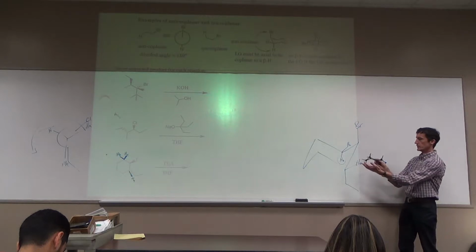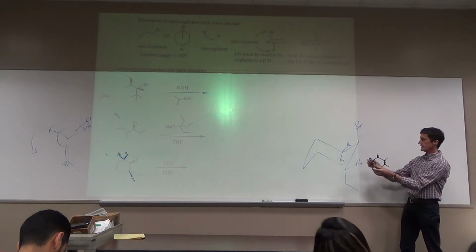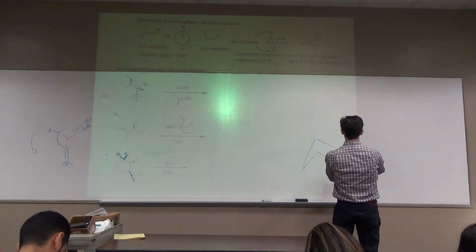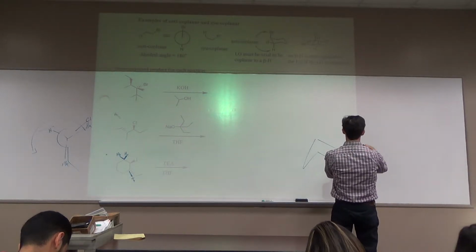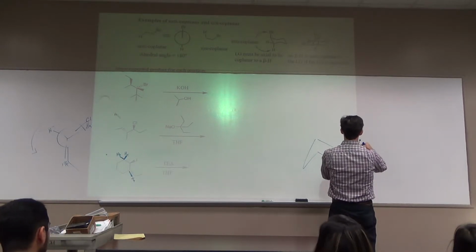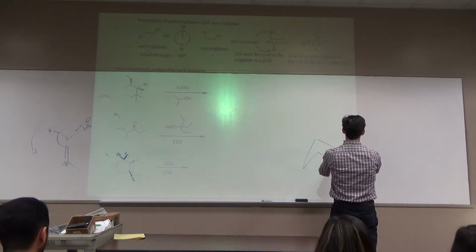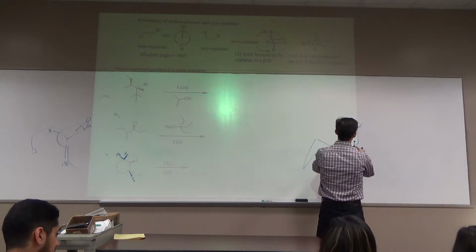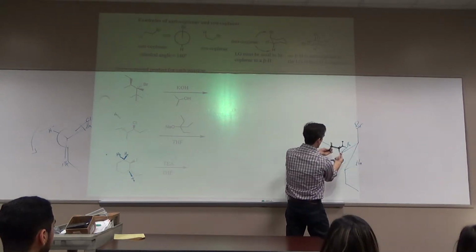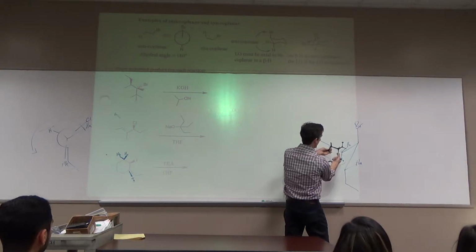If I got it on the board here, if I got the bromine, let's just get rid of that. Wish the model was bigger. The bromine's straight up. Here's the back carbon. This is the H that's straight down.